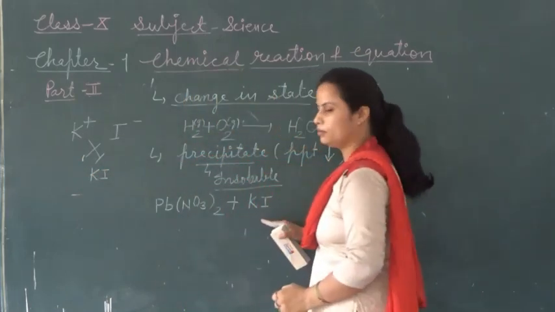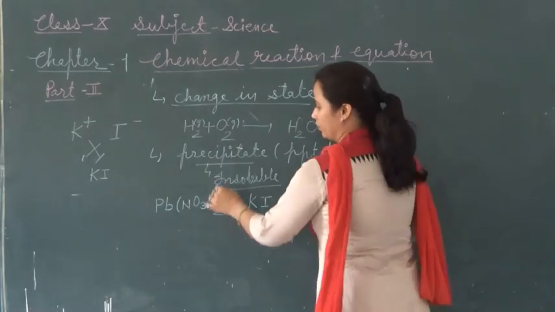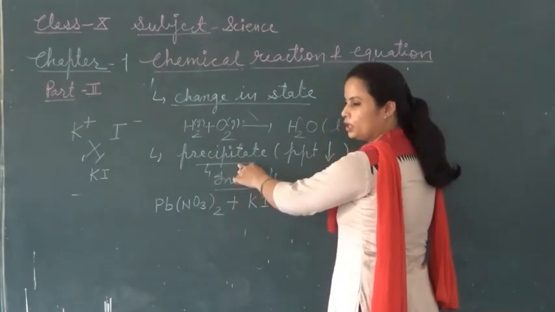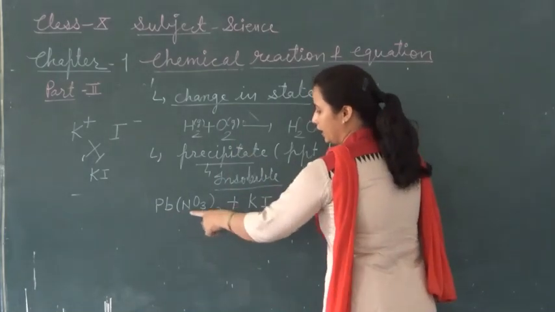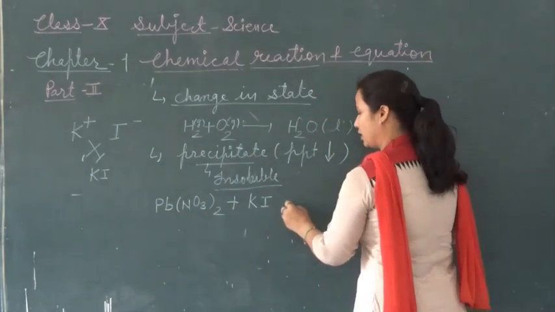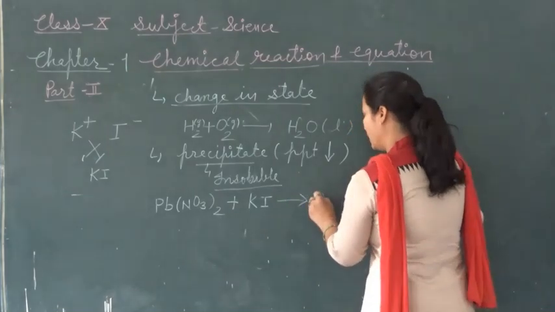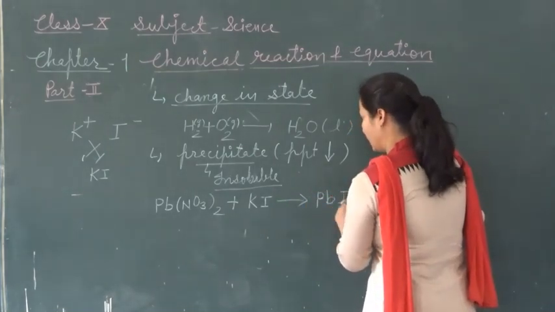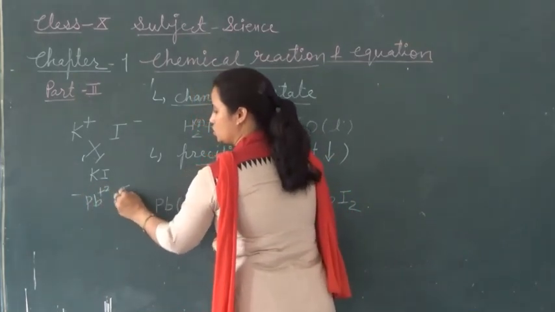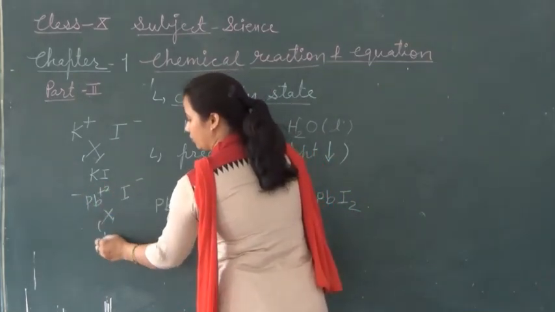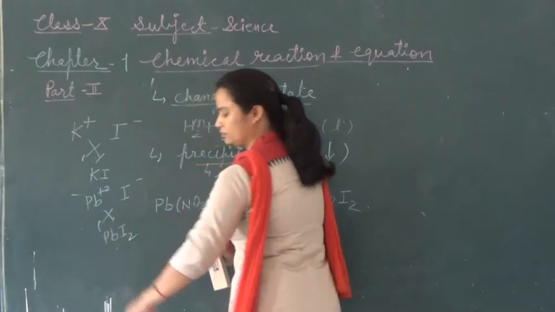That's why we write potassium iodide KI. So we studied how the precipitate is formed during a chemical change. Lead nitrate, when it reacts with potassium iodide, forms lead iodide PbI2. As I told you, lead is Pb plus 2, iodine I minus, it forms PbI2.